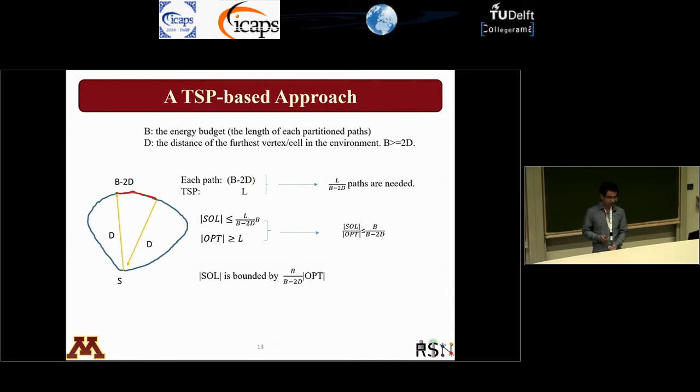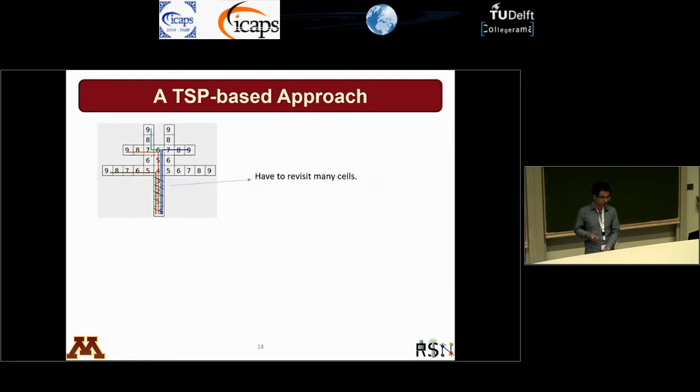As we can see, in some cases, this number is good. It can be a two-approximation algorithm, but when D approaches half of B, the approximation rate here can be infinite. So let's look at an extreme case to see why it can happen. For example, in this environment, for the shaded area, the optimal solution will need to revisit it many times.